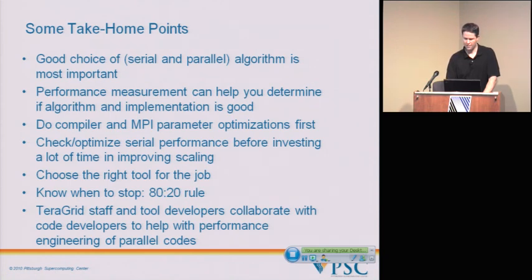And one of the other final important points is that on the TeraGrid, and also in other organizations like the TeraGrid, there are people available to collaborate with code developers and groups on using these tools and getting them embedded in your development process, or helping you get the most out of your code.